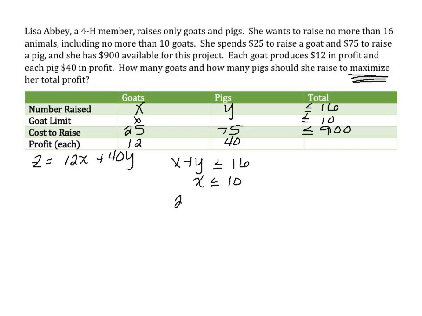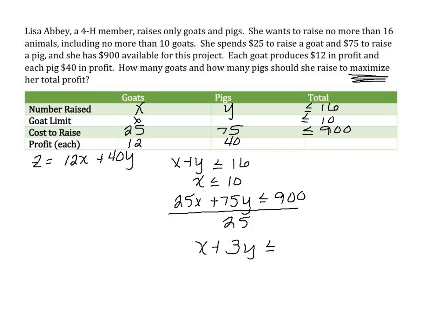And we have 25x plus 75y less than or equal to 900. All of these can be divisible by 25 to help us simplify a little bit. So x plus 3y is less than or equal to 36. And of course, we only care about having positive pigs and positive goats, so we want x to be greater than or equal to 0 and y to be greater than or equal to 0 as well.